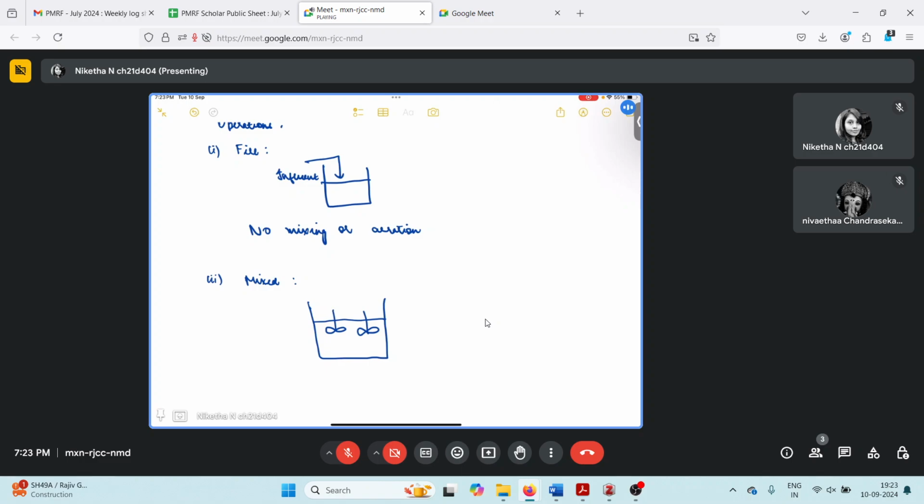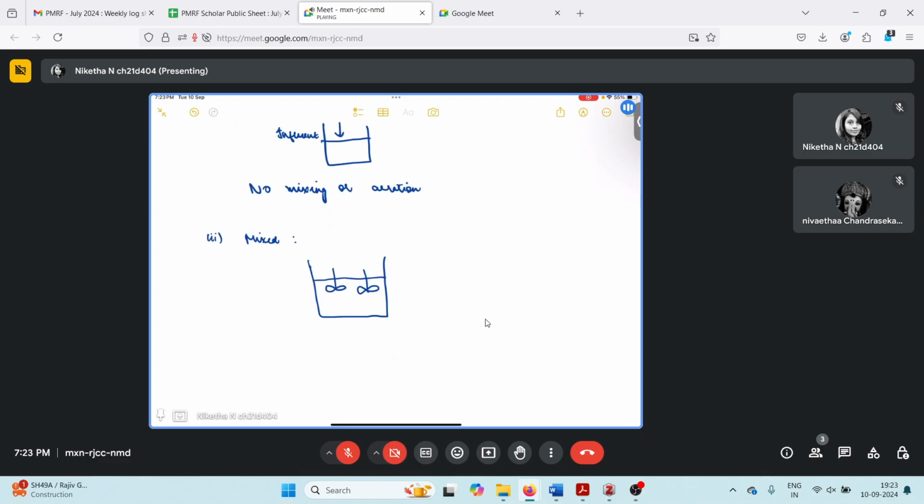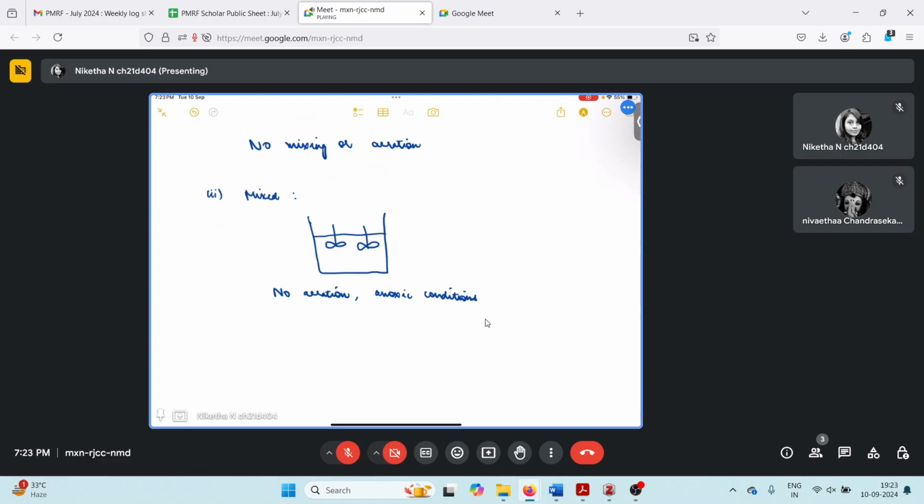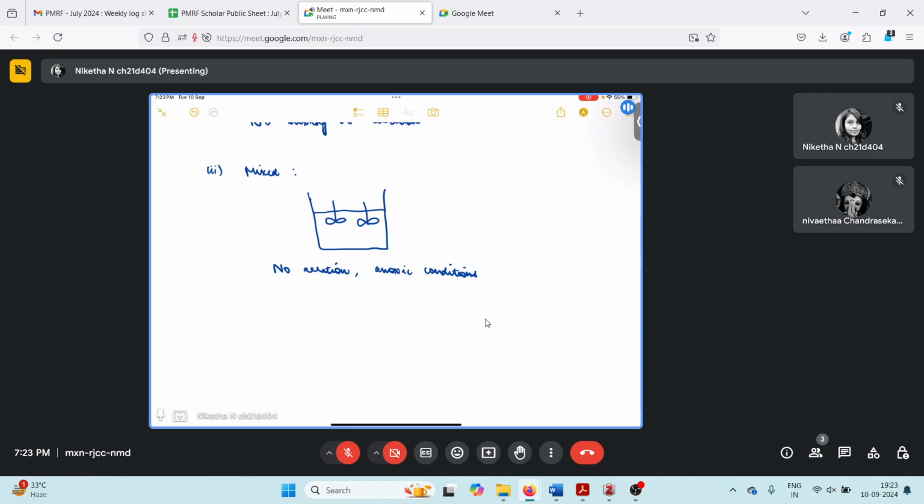And here in this stage there is no aeration, just mixing. And anoxic conditions will develop. So can you tell me what is anoxic?